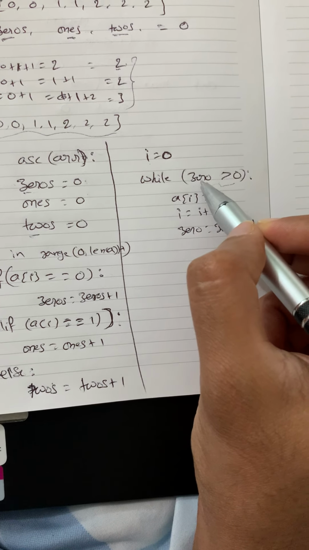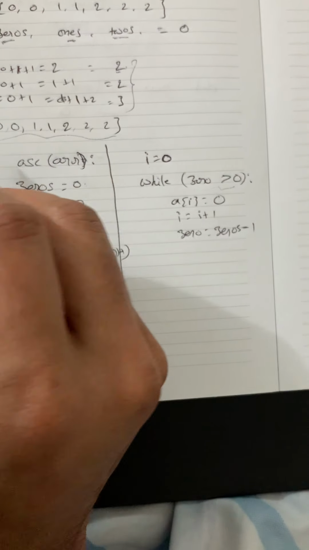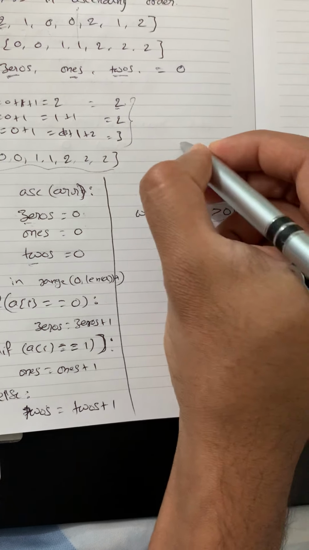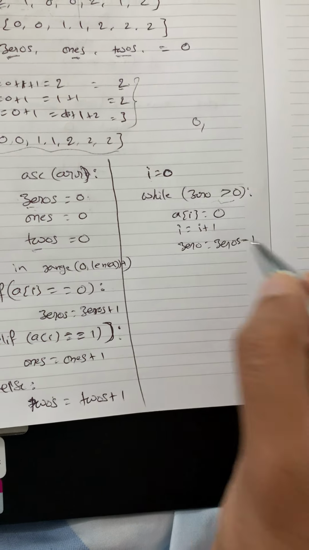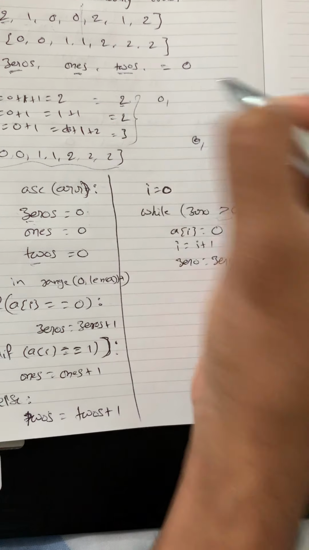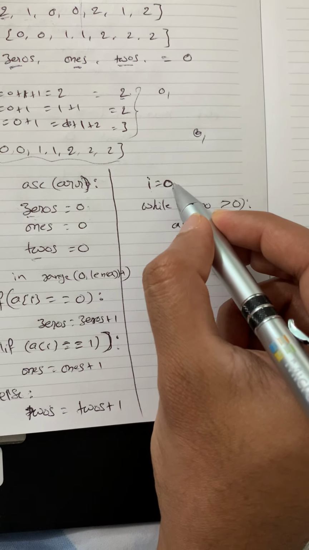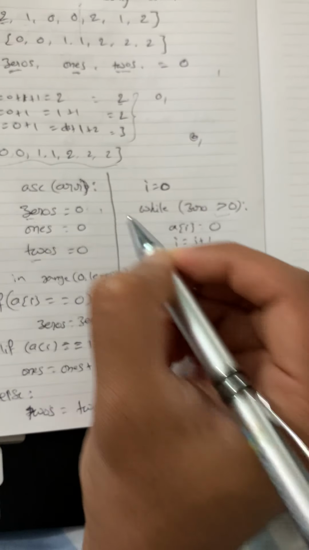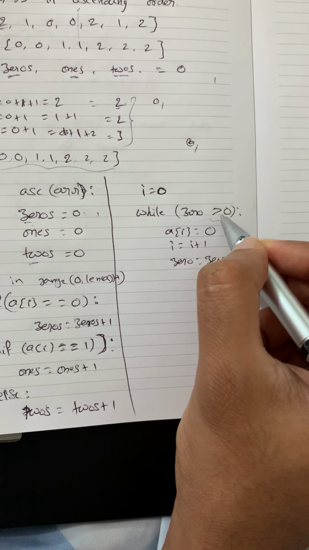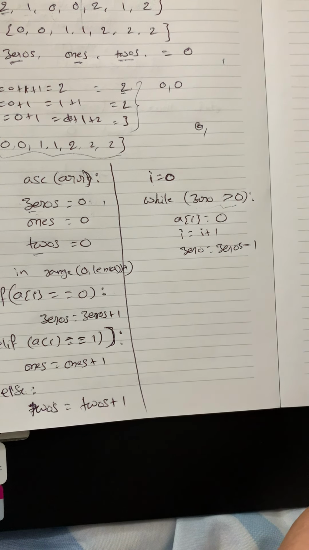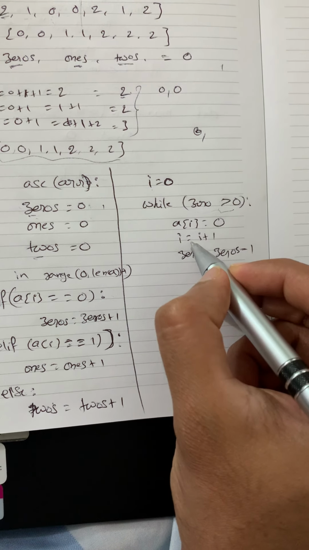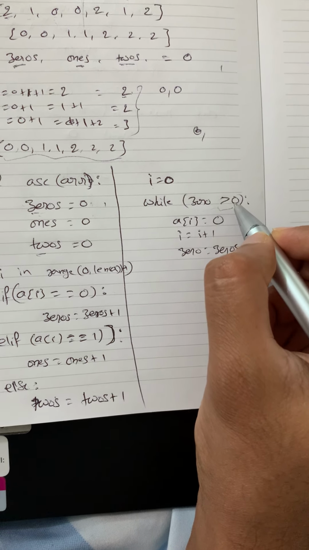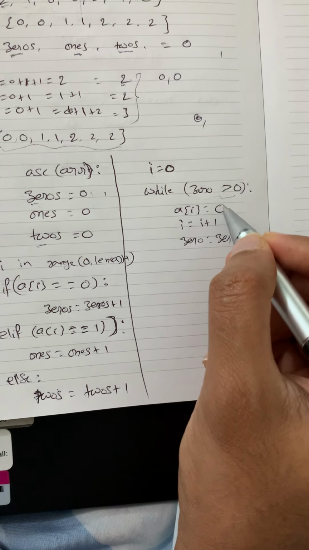Each time it goes through the loop, it checks the zeros condition. Initially 2 is greater than 0, so it sets a of i equal to 0, and increments i, so now i is 1, and zeros is reduced to 1. The next time 1 is greater than 0, so it will set another 0, increment i and decrement zeros, and then 0 is not greater than 0, so it breaks the loop.